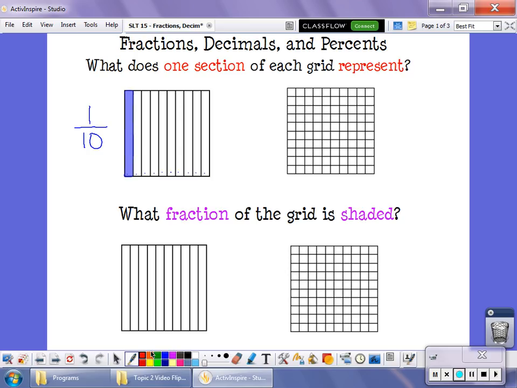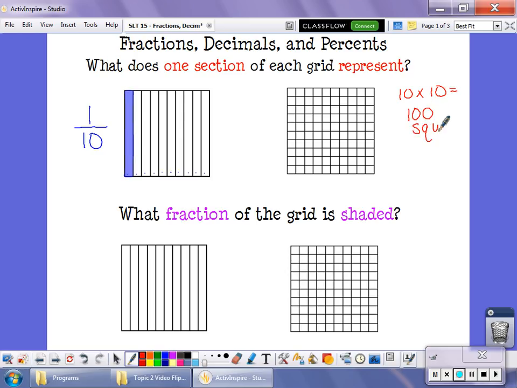Now, if I'm going to do the same thing over here, I need to figure out how many boxes I have in this grid. Well, this is what we call a 10 by 10 grid, which means there are 10 boxes going across and 10 boxes going down the side. A 10 by 10 grid has 100 squares.